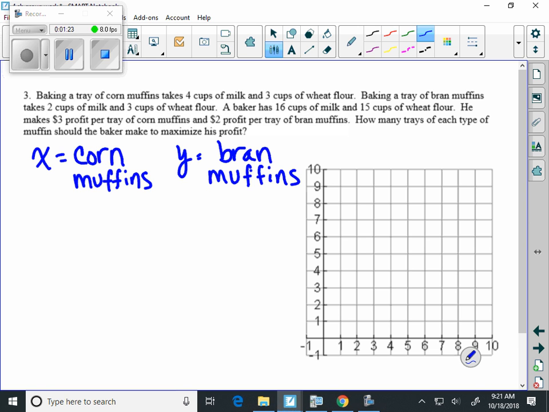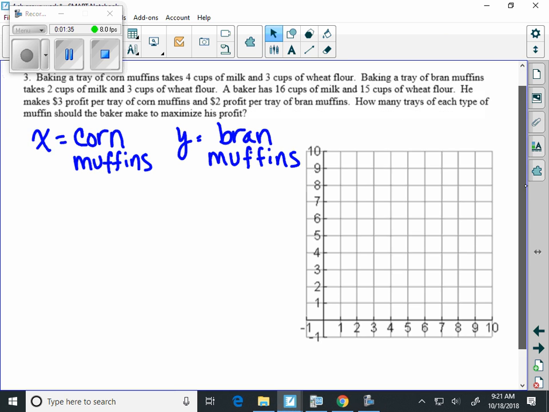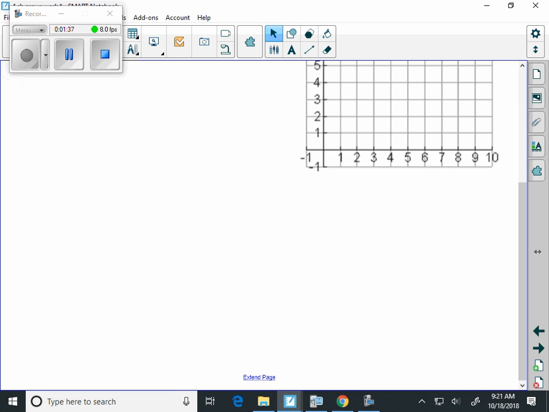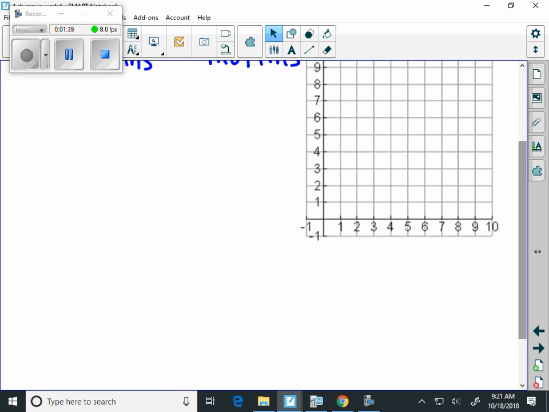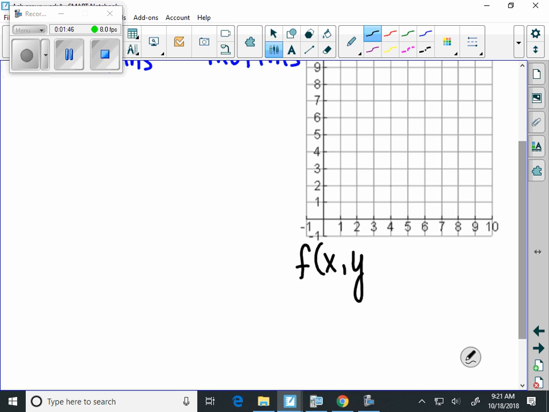The second thing that we did in the problems we've been working with is we came up with the objective quantity equation. That's our profit equation. Where you might want to write it is underneath your grid here, just in terms of space. Our objective quantity equation looks like f of x and y.